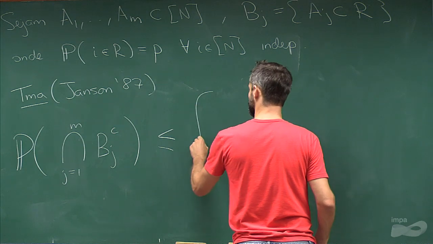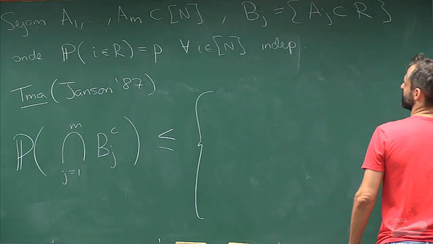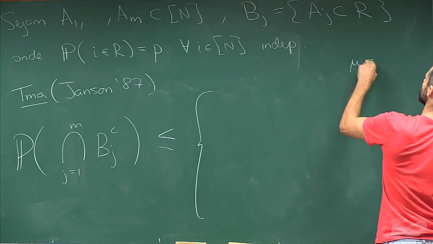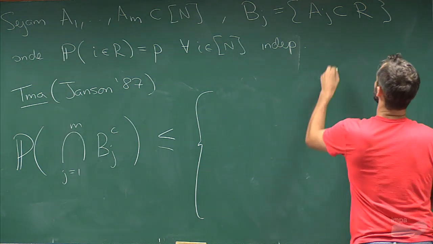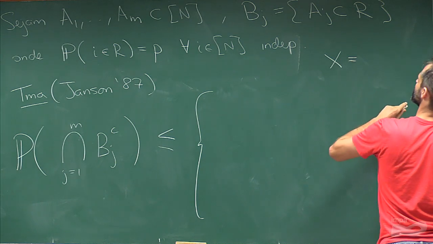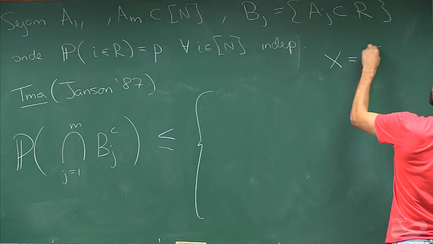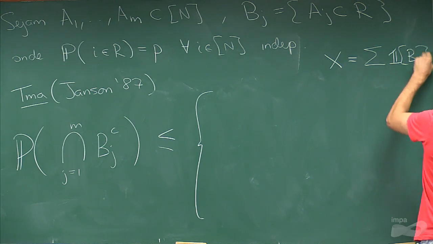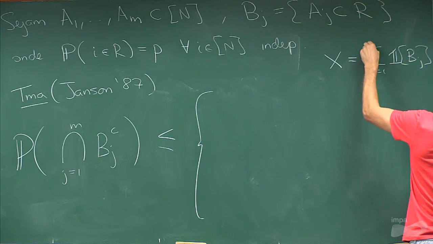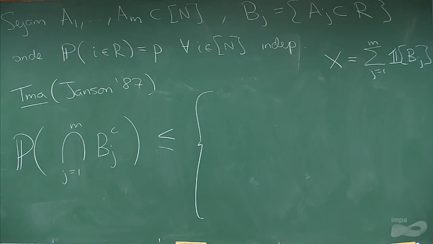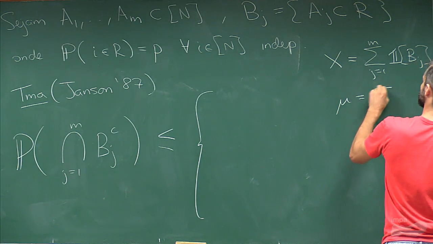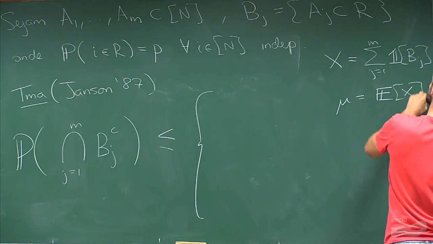Okay, so I need a little bit of notation. Let's write x for the number of events bj that occur. Let's write mu for the expectation of x.